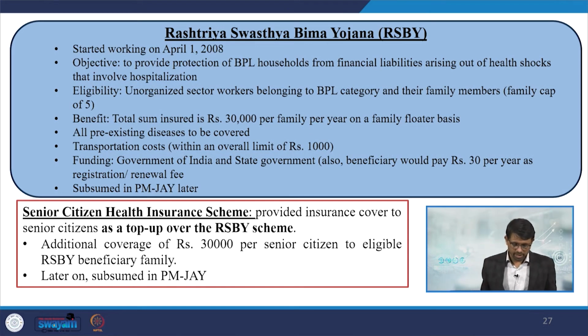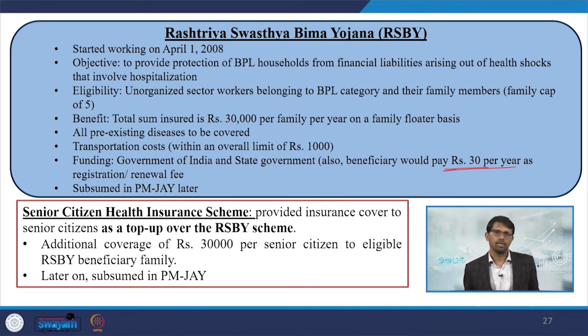Funding comes from the Government of India and the state government both, and beneficiaries would pay rupees 30 per year as their registration or renewal fee. This is subsumed under the famous scheme PMJY in recent times, Pradhan Mantri Jan Arogya Yojana.